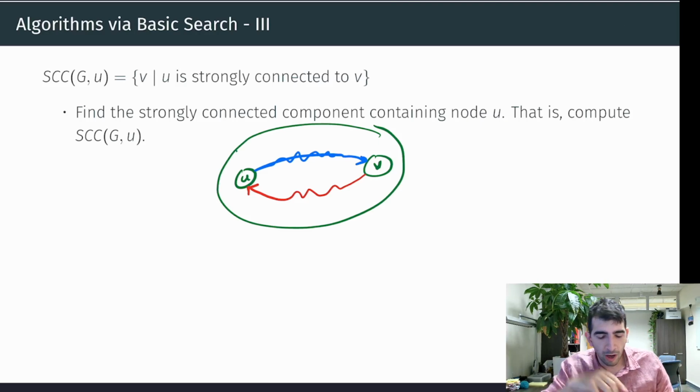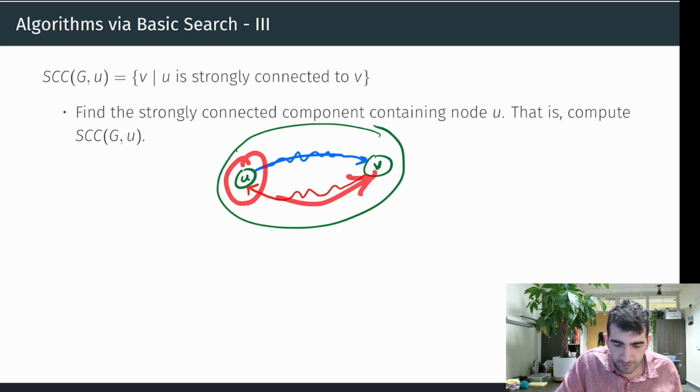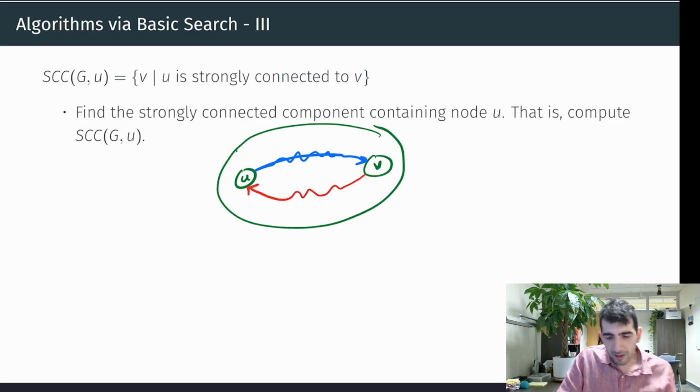We need to know all the elements that U can reach, and then we need to know all the elements that can reach U. And then the intersection of those two sets are all the nodes that U can reach and that can reach U. Okay? So we have the components we need to do this, right?